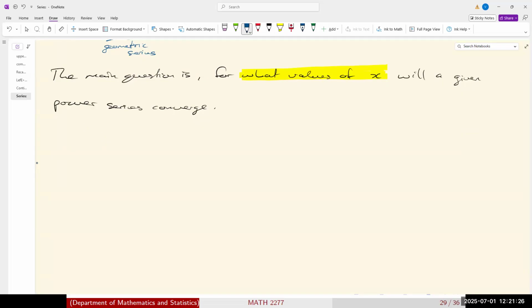I'll put here a power series, and again, the summation does not have to start at 0.